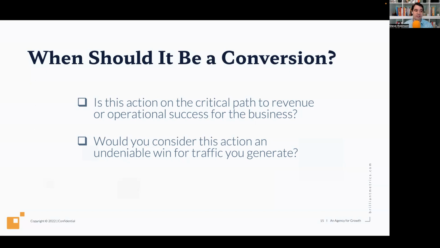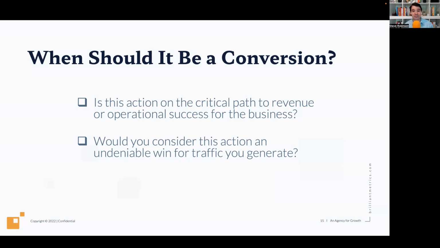The other bar is, would you consider this action to be an undeniable win for any media or promotion of your website that you have out there? So you post something on organic social, you send an email, you put an ad out there. If somebody takes this action off of that ad, that email, that social post, is this considered a win? And if it isn't an undeniable win, then don't mark it as a conversion.